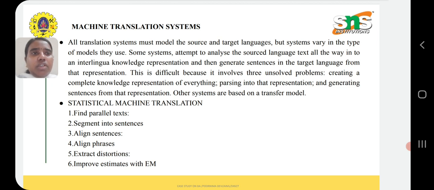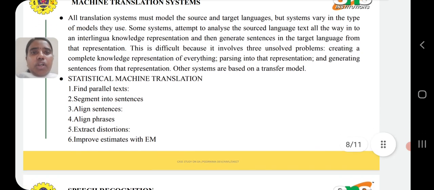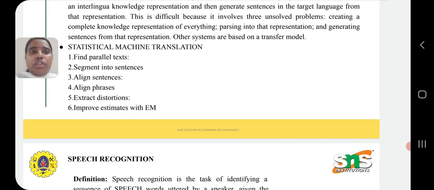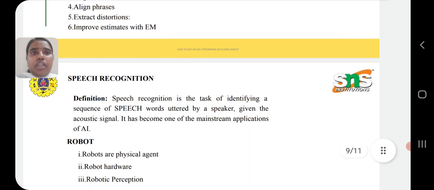This is difficult because it involves three unsolved problems: creating a complete knowledge representation of everything, parsing into that representation, and generating sentences from that representation. Other systems are based on a transfer model. Statistical machine translation: find parallel texts, segment into sentences, align phrases, extract distortions, and improve estimates with EM.